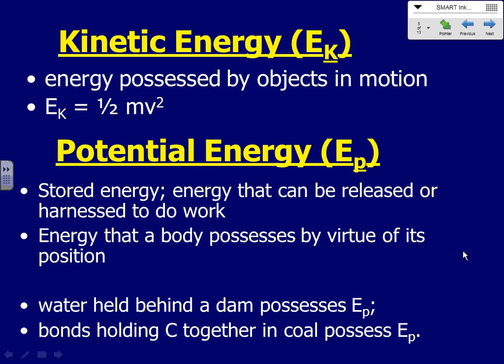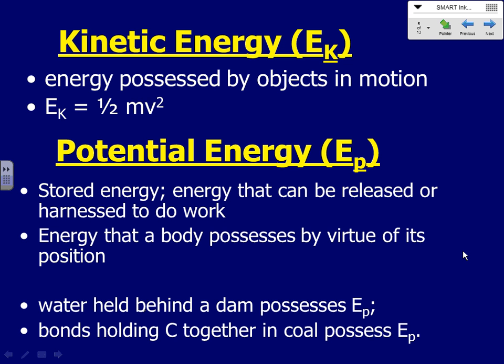That's electrostatic potential energy. We could have magnetic potential energy. If I had some magnets here, right? If I pull these two apart and hold them at a distance, there's magnetic potential energy there. I can let it go, it snaps back. There's nuclear potential energy. In the nucleus of an atom, there are attractions between the protons and the neutrons called the nuclear strong force.